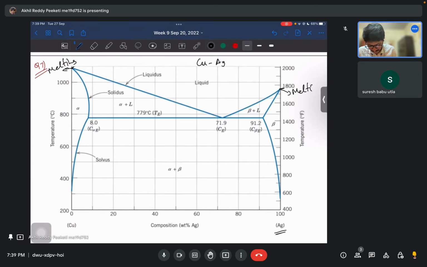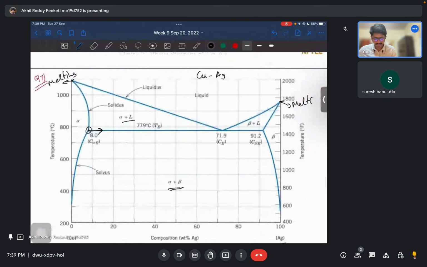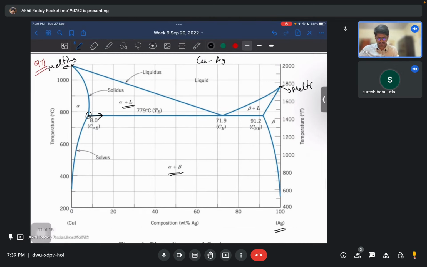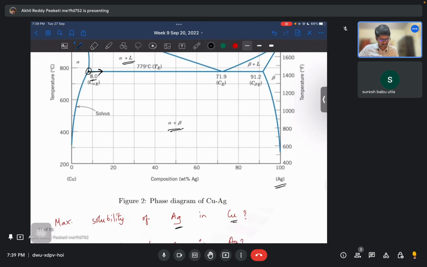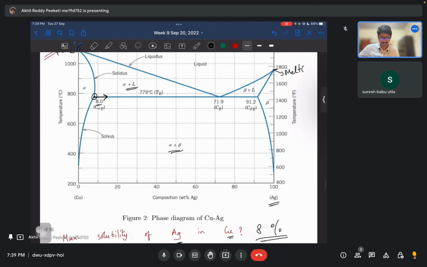If you go more than this, you are actually forming 2 phases. In this case, you are forming alpha plus beta phase. Here you are forming alpha plus liquid. It's not a single solid solution. So this is the maximum solubility. As simple as that.